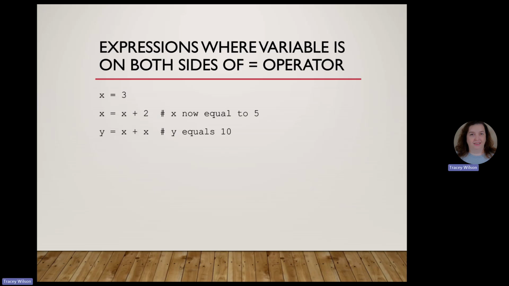That means I want to evaluate the right-hand side first. x is currently 3, so 3 plus 2 is 5. I'm now going to take that and assign it to x, which means I'm going to overwrite the 3. So now x is 5. Following me? Got some nodding.